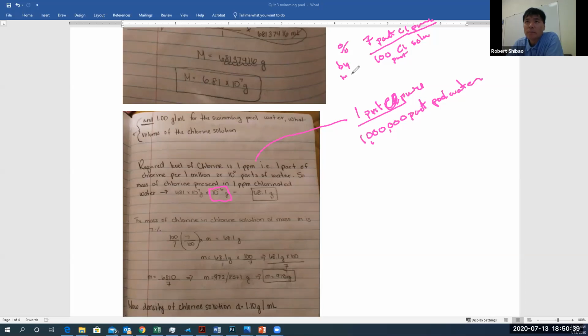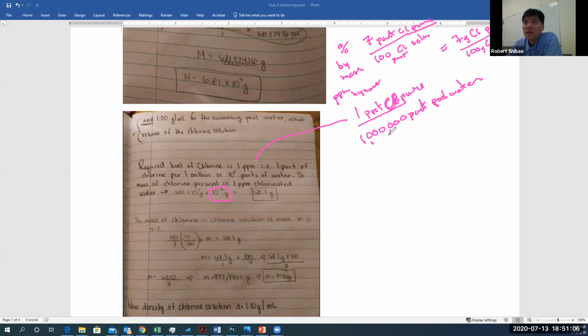This is percentage by mass. This is ppm by mass. Now, if it's by mass, I could put any mass in here. I could say 7 pounds of pure chlorine per 100 pounds of solution. But the most convenient one for us is 7 grams of pure chlorine per 100 grams of chlorine solution.